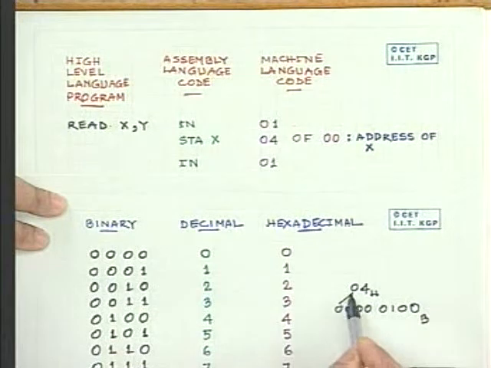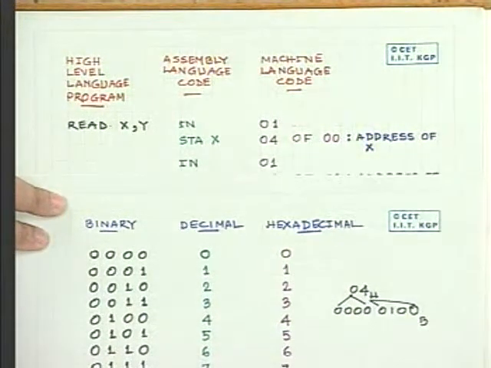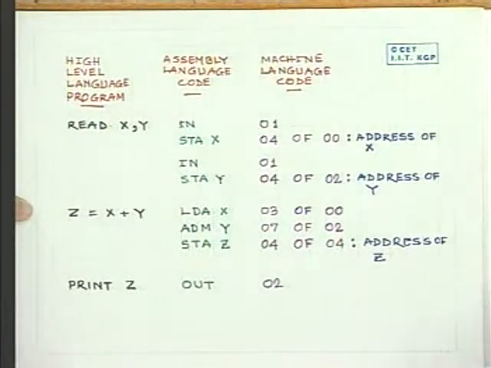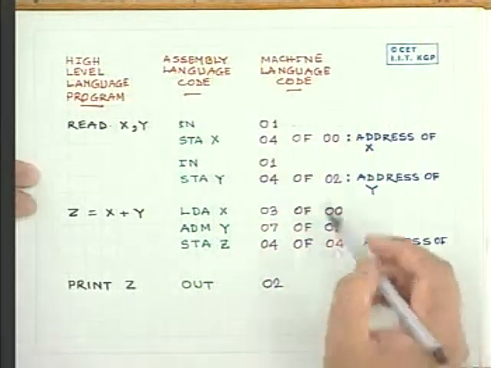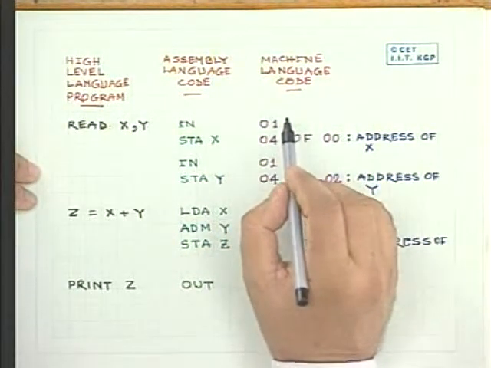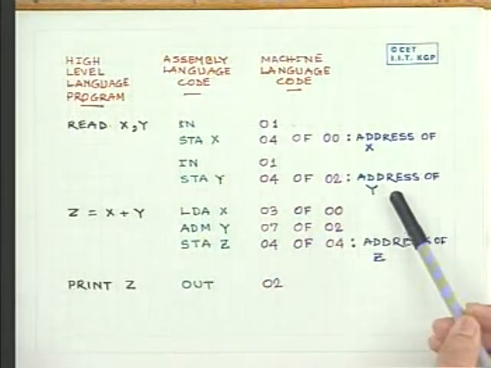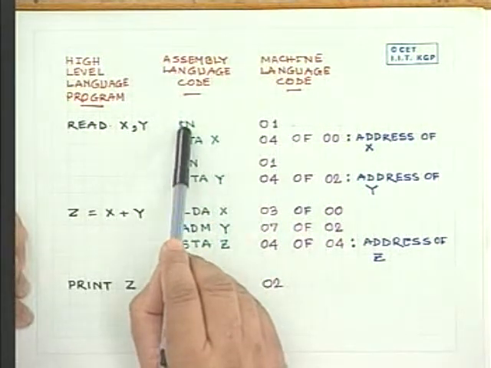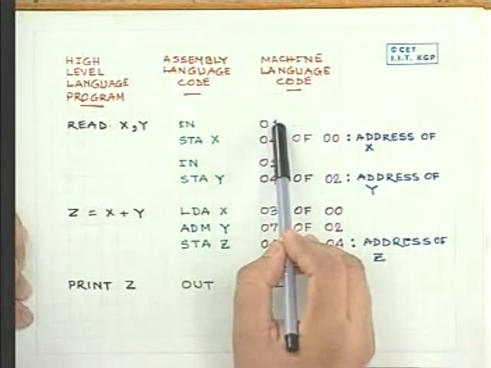Each hexadecimal character is mapped into a 4-bit binary. That way is what I have represented the machine language code. Okay, actually it will ultimately be in binary when it is loaded into the memory of the computer.